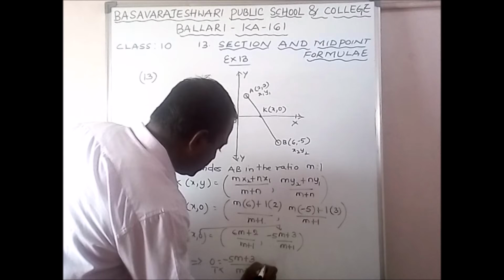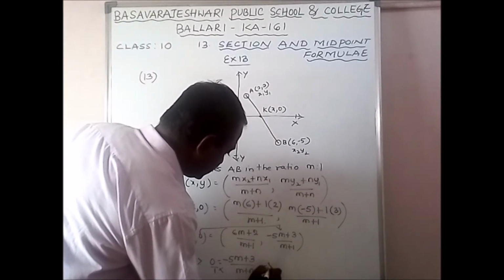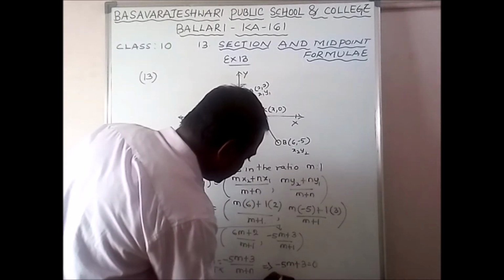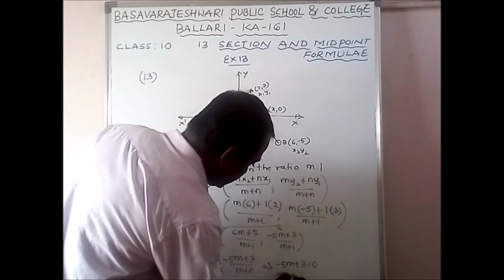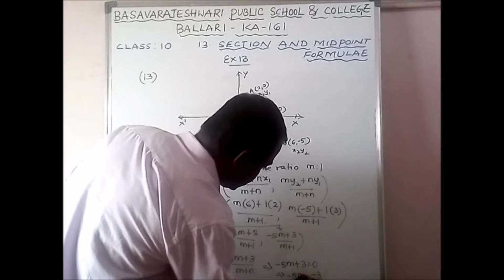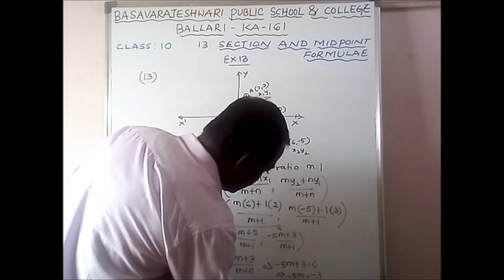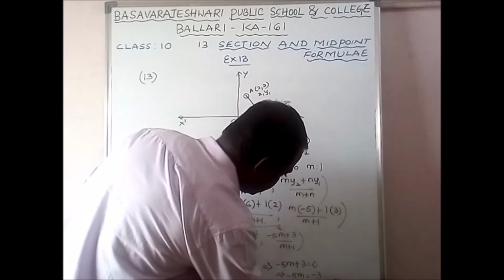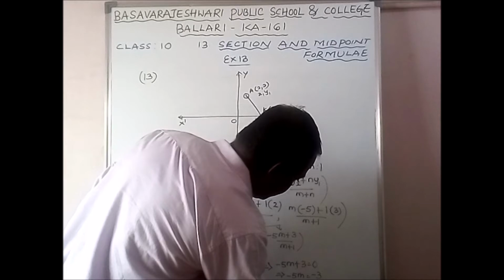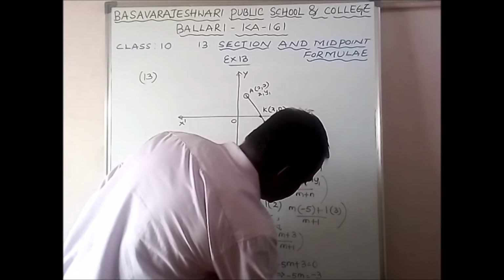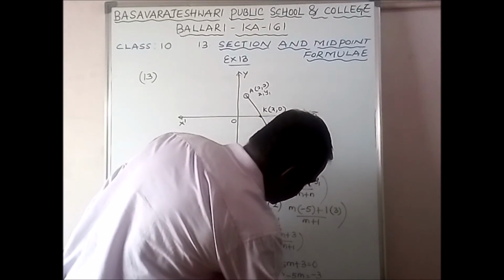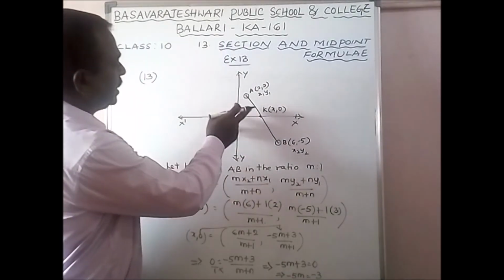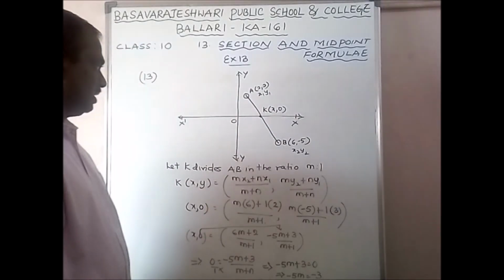So what remains? -5m plus 3 is equal to 0. This implies -5m is equal to -3. Therefore, m is equal to 3 by 5. This implies m is to 1, that is 3 by 5 is to 1, that is 3 is to 5, is the ratio in which K divides AB.